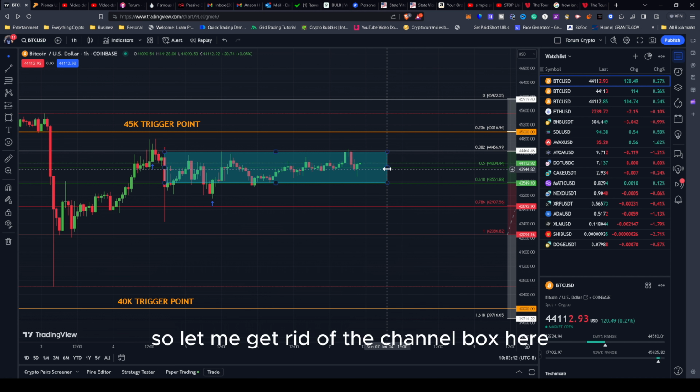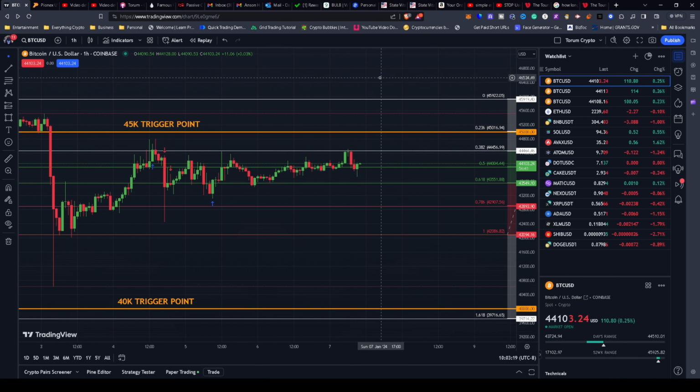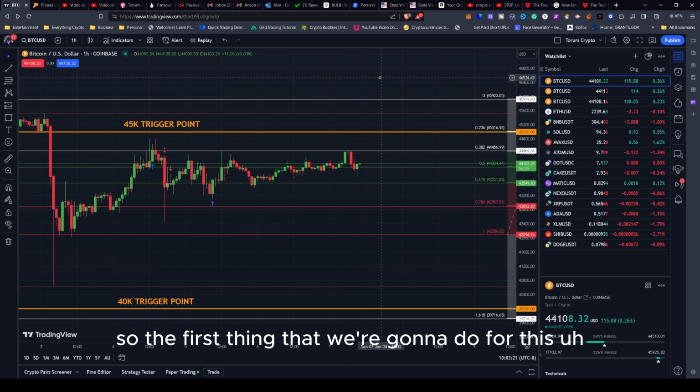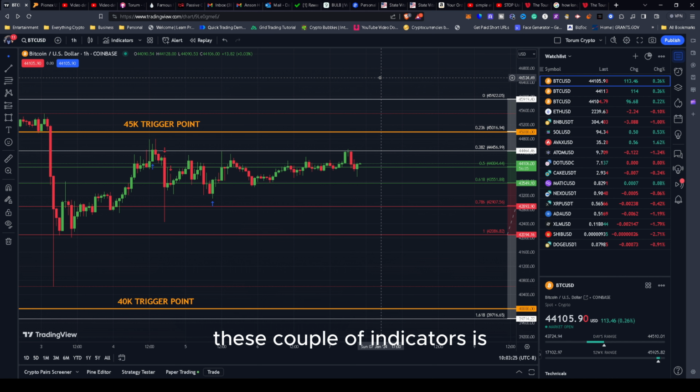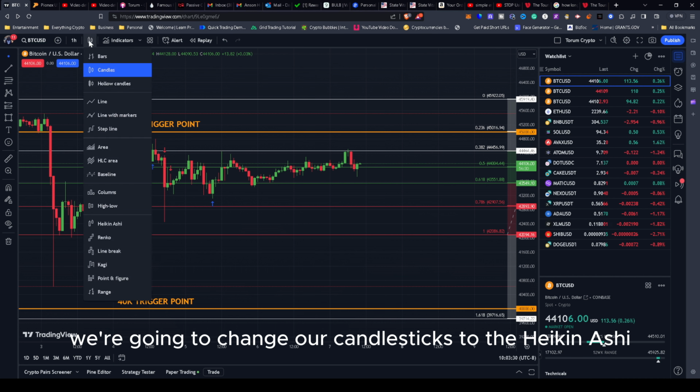So let me get rid of the channel box here. Won't be needed for what we're doing. The first thing that we're going to do for these couple of indicators is change our candlesticks to the Heikin-Ashi.